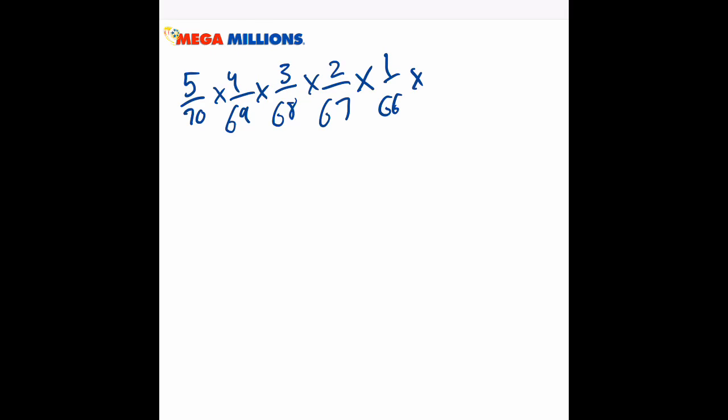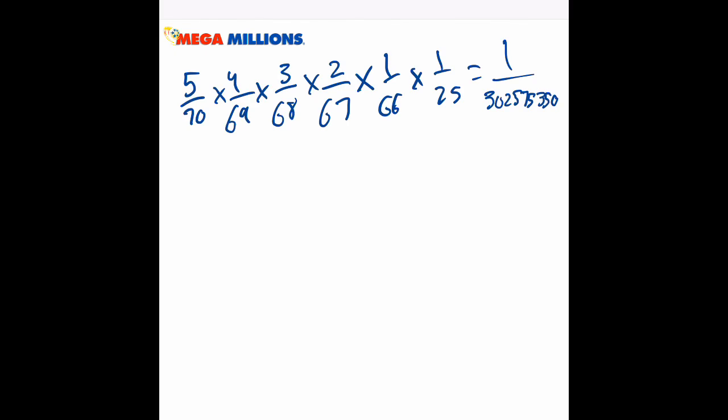5 upon 70 times 4 upon 69 times 3 upon 68 times 2 upon 67 times 1 upon 66 times 1 upon 25. This yields a value of 1 upon 302,575,350.